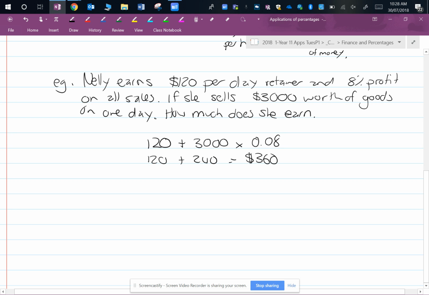All right. Okay, there's one other part to commission, and that is called, I've forgotten what it's called. Stepped commission. I know what it is, I just don't know the official word.